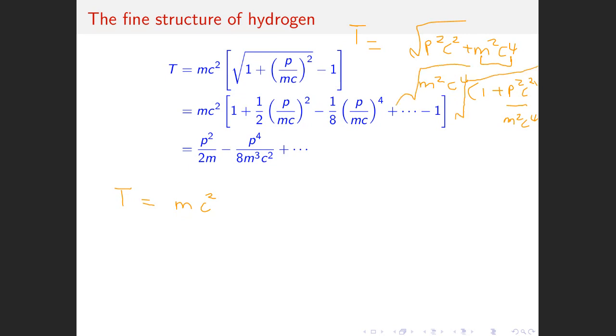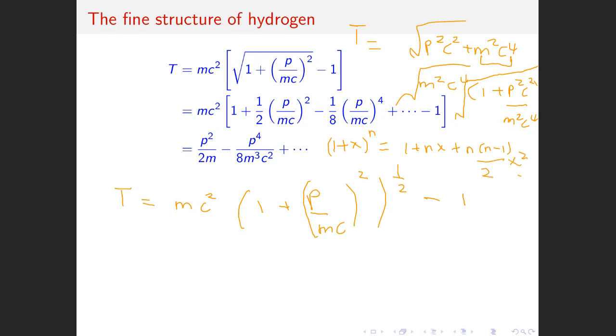So you end up with mc² times the square root of 1 plus (p over mc) squared, to the half, minus 1. Then you expand. You remember from first year that 1 plus x to the n is approximately 1 plus nx plus n(n minus 1)/2 x² plus and so on.